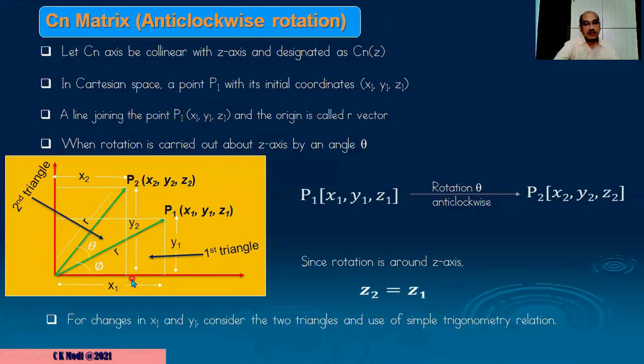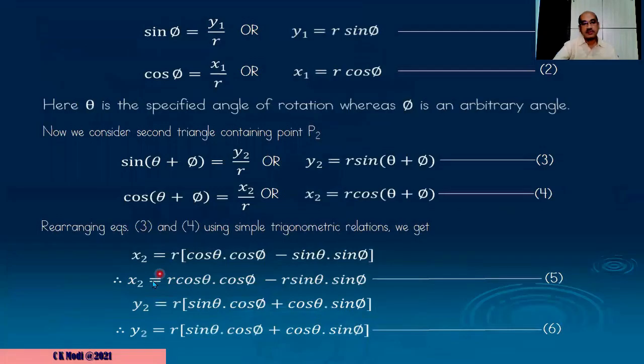Here sine of theta plus phi is equal to y2 upon r and cos of theta plus phi is equal to x2 upon r.